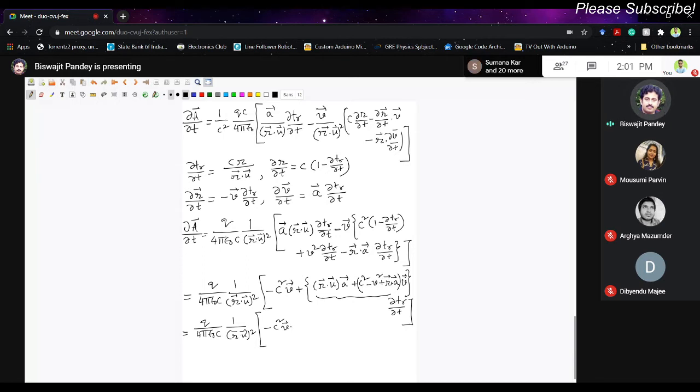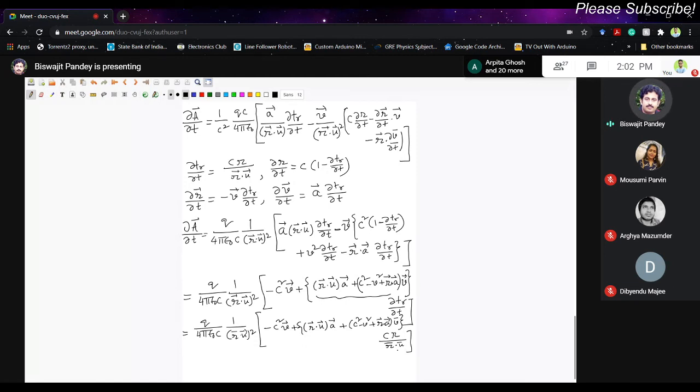Let us substitute again so that there is no mistake, plus r dot u a plus c square minus v square plus r dot a times v, second bracket close, and then del t r into del t r is what? C times r divided by r dot u. This is del t r.